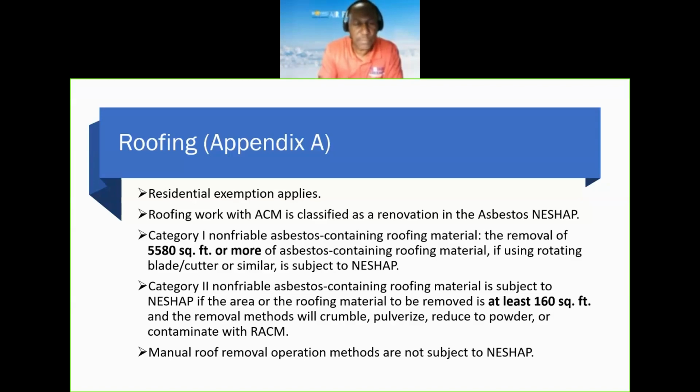We don't see much of that now because those tiles were used before, and now they're using new tiles. I'm not talking about the new tiles that are out there now, but asbestos tiles. If the roofing project has this on it, then 160 square feet of removal of that tile is also subject to NESHAP.